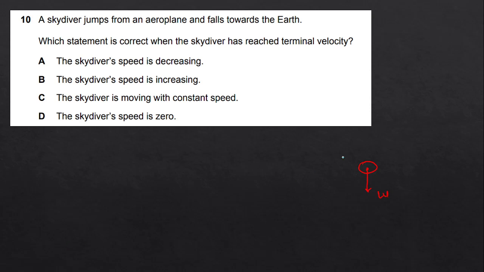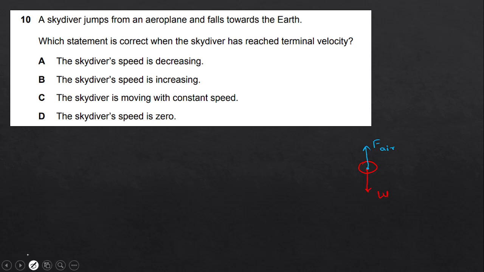The weight is acting downwards, the air resistance acts upwards. If these two forces are equal, then the object will move at constant speed because of inertia.